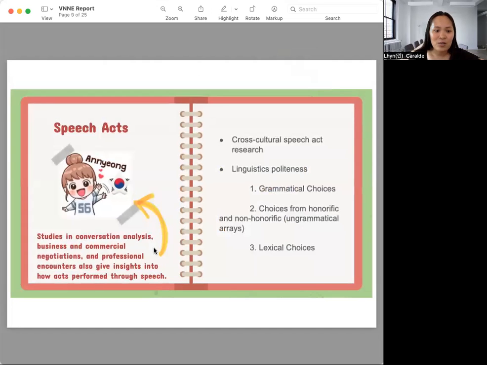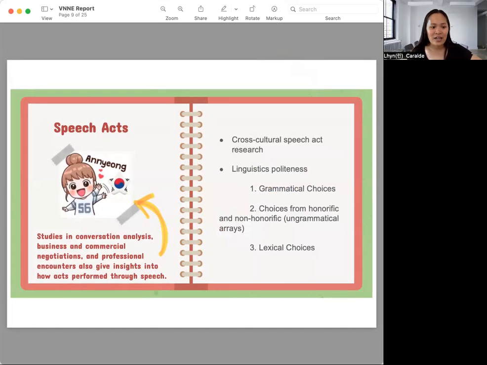So next one is the speech acts. Studies in conversation analysis, business and commercial negotiations, and professional encounters also give insights into how acts are performed through speech. In the speech acts, we have this conversation analysis, which usually happens to us.